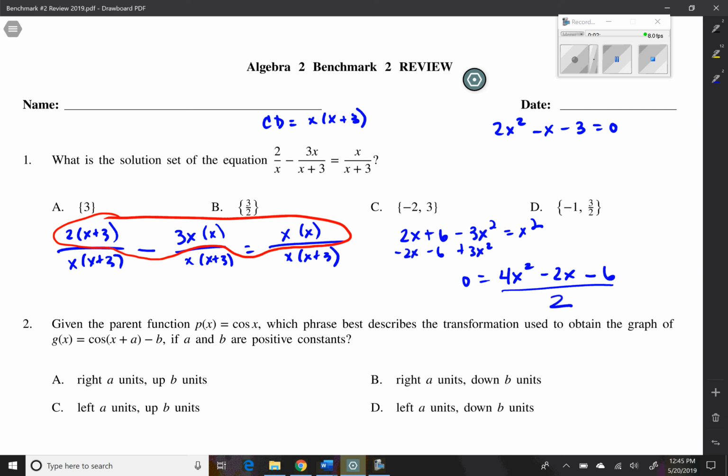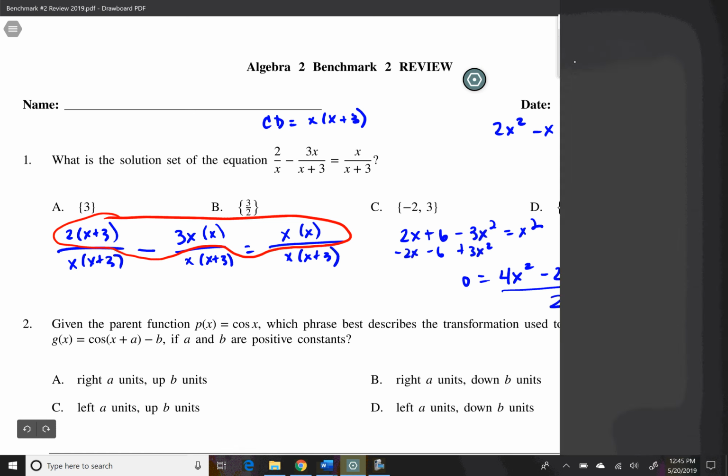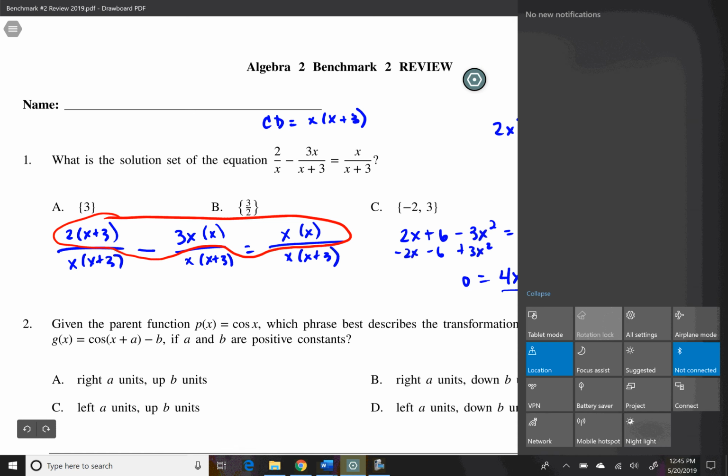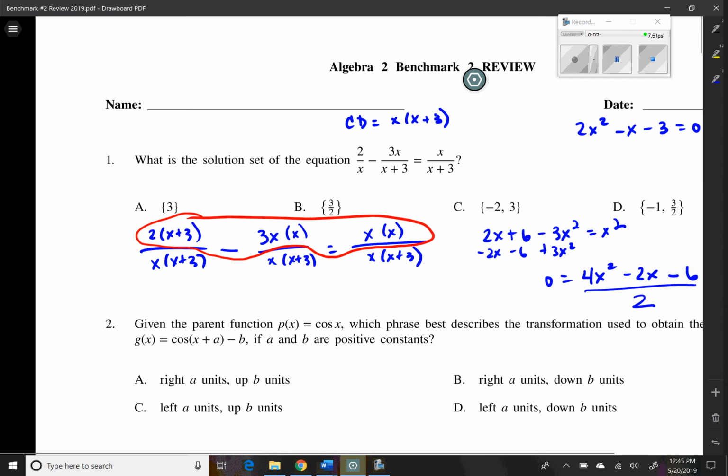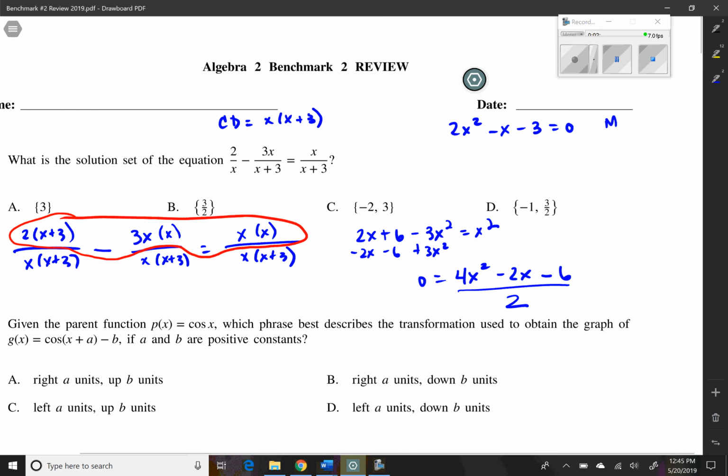Now this is where we broke things up a little bit, so we're trying to figure out what multiplies to make negative 6, but what adds to make negative 1. 2 times 3 is 6, so that's going to become negative 3 and positive 2.